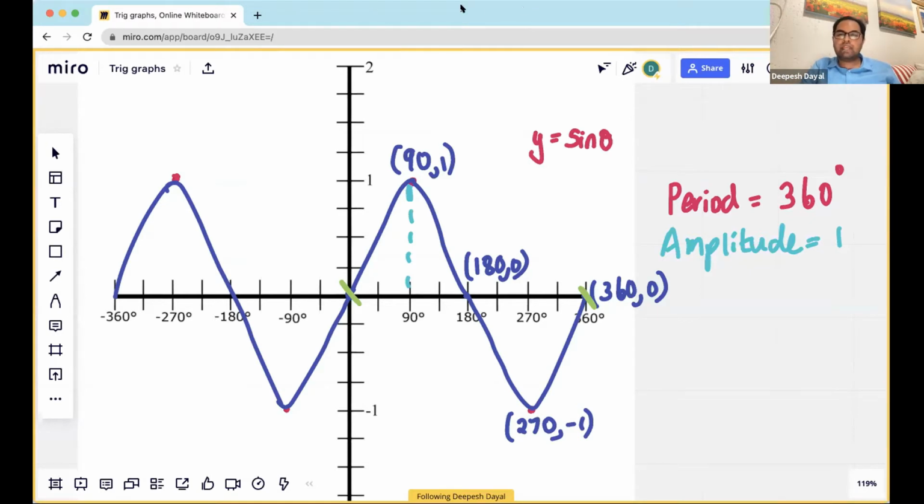Range would be the y values. What are the y values between? Okay, yes, thank you for those answers. So it is between -1 and 1. So the range is -1 ≤ y ≤ 1.